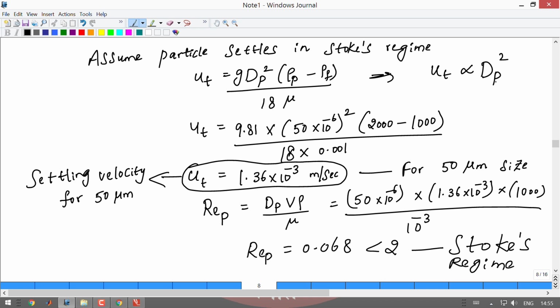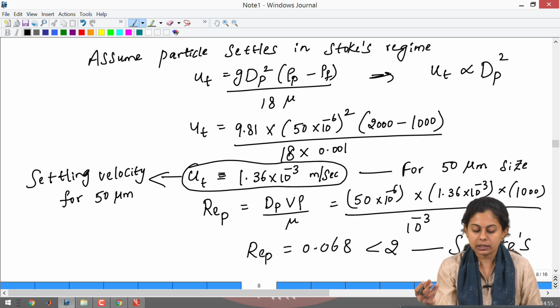So, the particles of diameter greater than 50 micrometers will have a settling velocity greater than the settling velocity of 50 micrometer particles. So, when we pump the fluid with this velocity, all the particles of less than 50 micrometers will be carried upwards with the water, and those particles which are heavier, greater than 50 micrometer in diameter, will settle down.